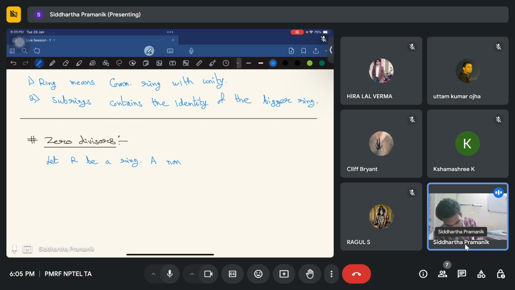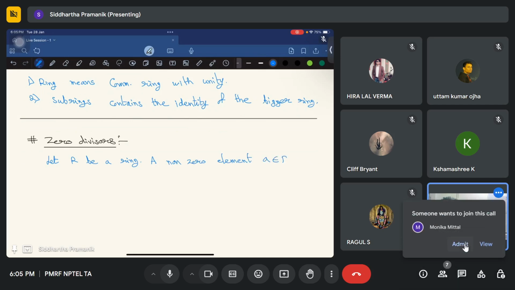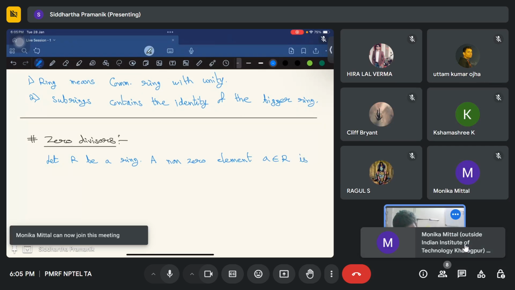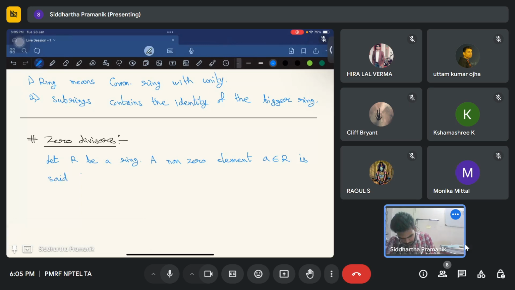So a non-zero element, let's say A in R, is said to be a zero divisor if there exists another non-zero element, let's call it B in R, such that the product of A and B is 0.